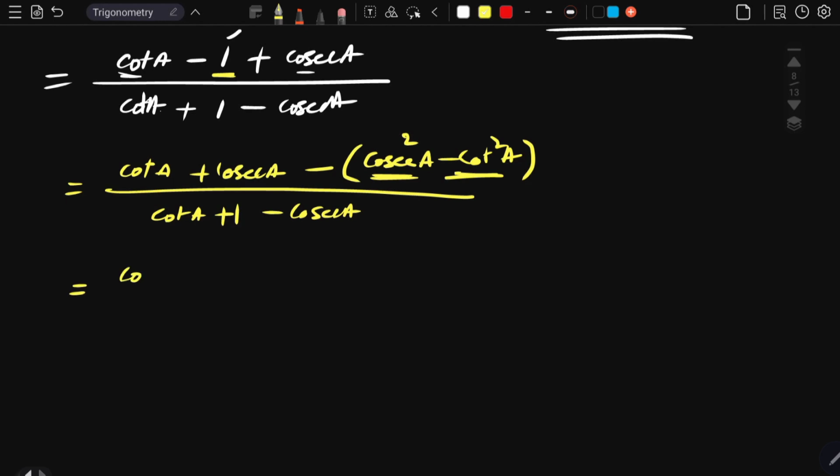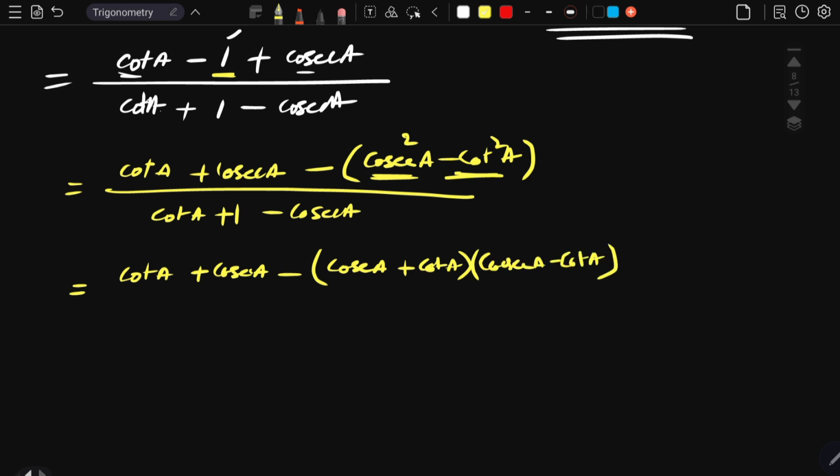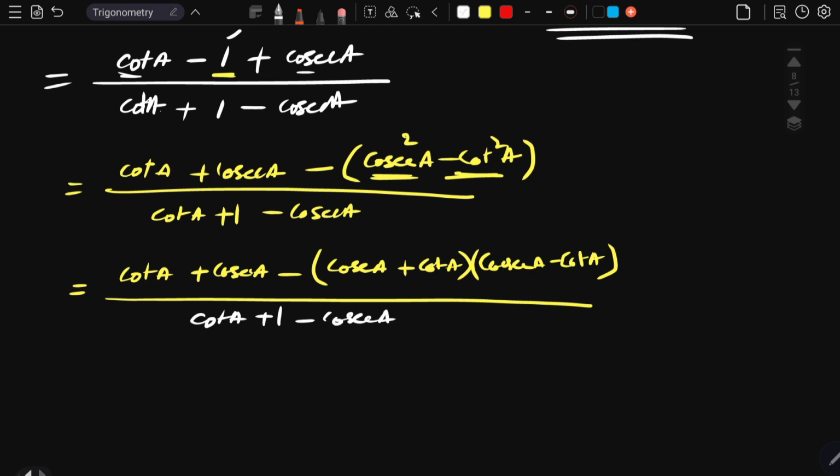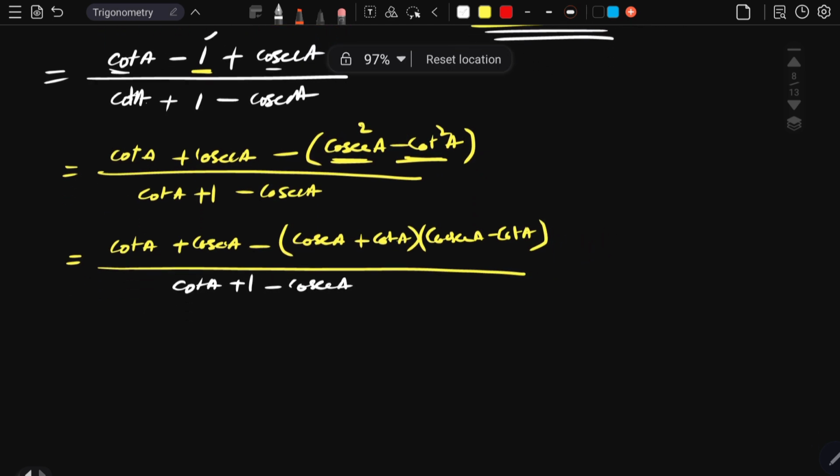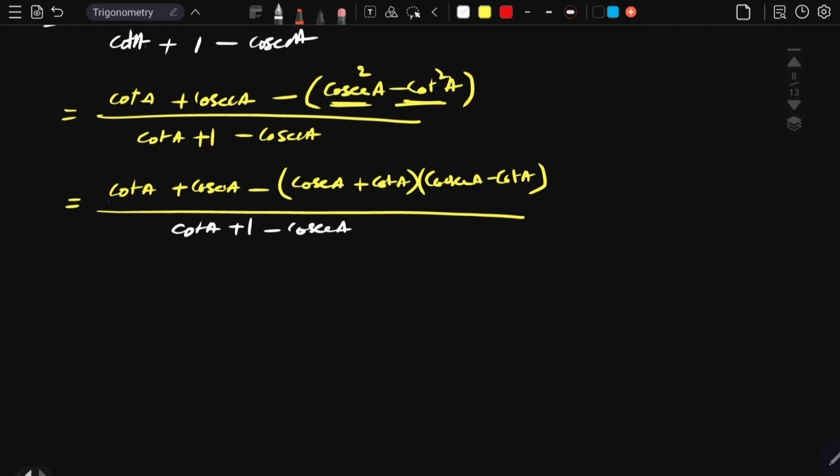This can be written as cot A plus cosecant A, with A plus B meaning cosecant A plus cot A, multiplied by cosecant A minus cot A. Now in the denominator, as usual, cot A plus 1 minus cosecant A. Here in the numerator we have cot A plus cosecant A, and that alone I am taking out.